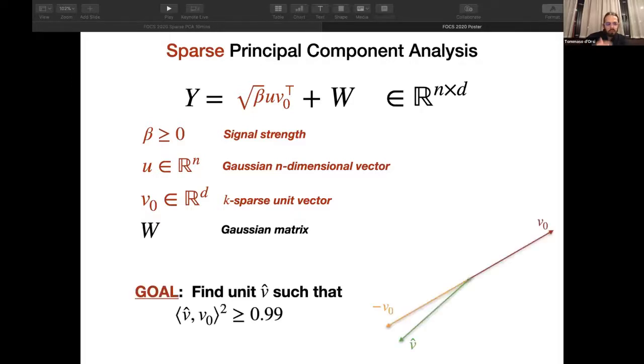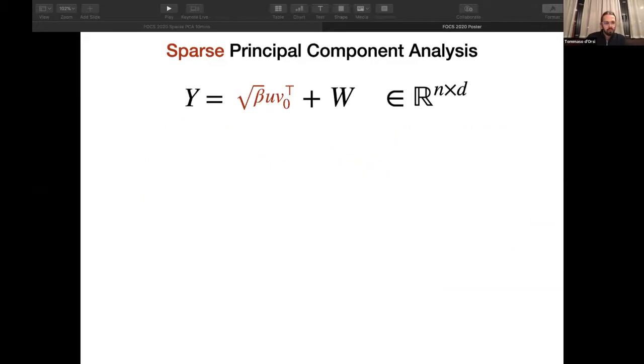Our goal is to recover some signal V0, and this signal has some structure. In this case, it is sparsity. We're fine with obtaining an approximate version of V0. And just for the sake of the talk, let me assume that the signal strength is larger than 1, to simplify the bounds that we're going to see.